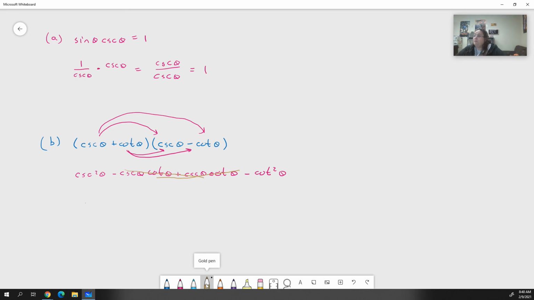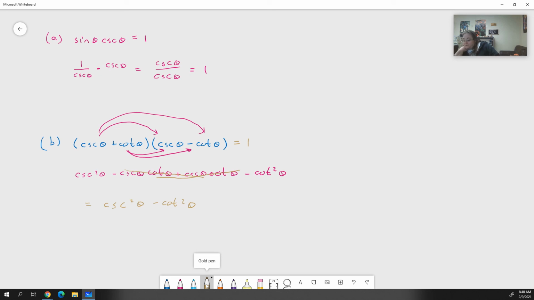And so what we're left with is cosecant, oh, this is supposed to equal 1, sorry. Cosecant squared of theta minus cotangent squared of theta. And we're saying that that would have to equal 1.